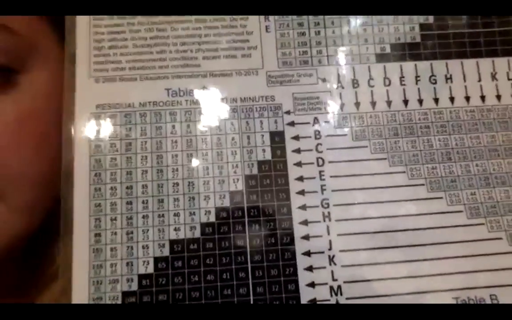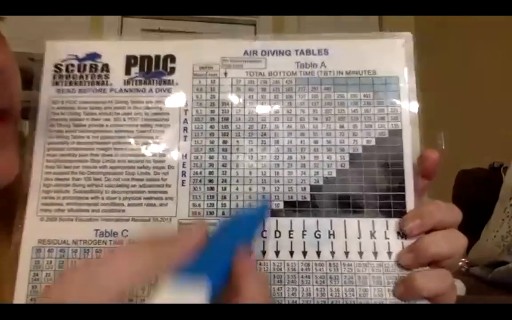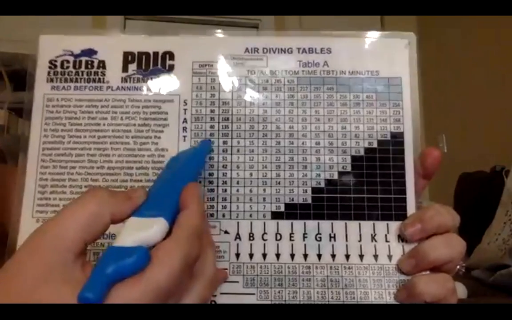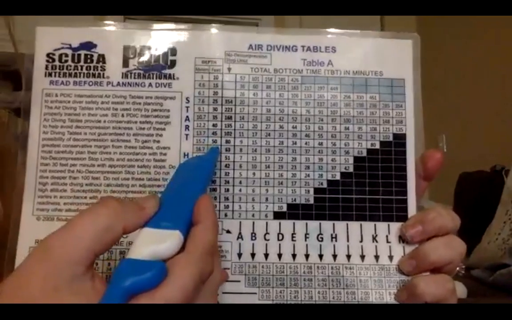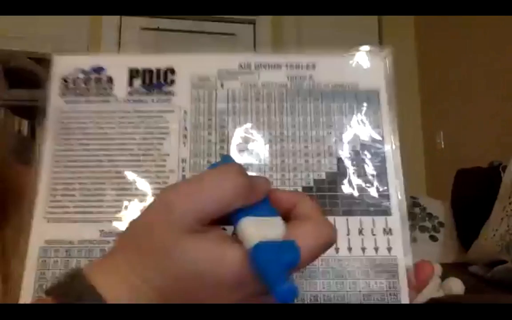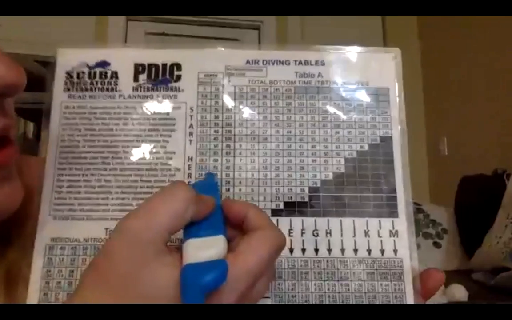So still on our second dive, we're going back up to table A, and we're doing 50 feet. So 50 for 72 minutes. So we use our new bottom time. We're gonna come all the way over at 50, and there is no 70.